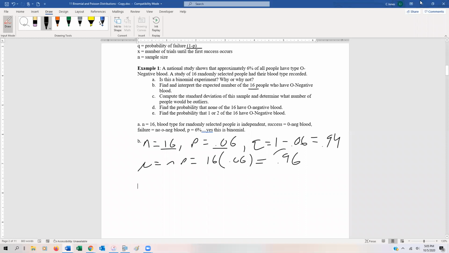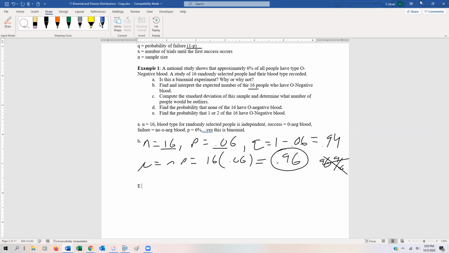Now, that's the expected value, but what does that mean, right? Is that 96%? No, it is not. A very common response I get from students is that they think that that's a percentage. It is not, okay?